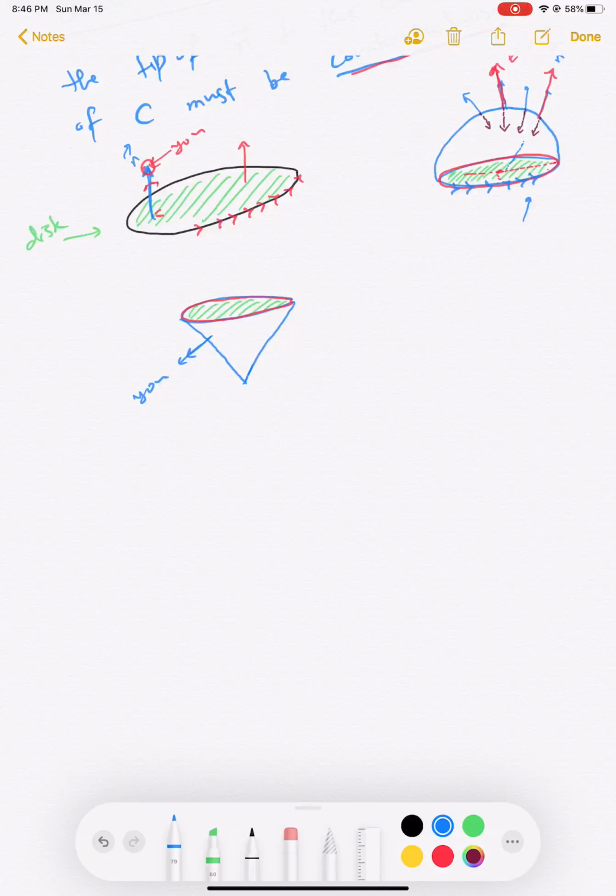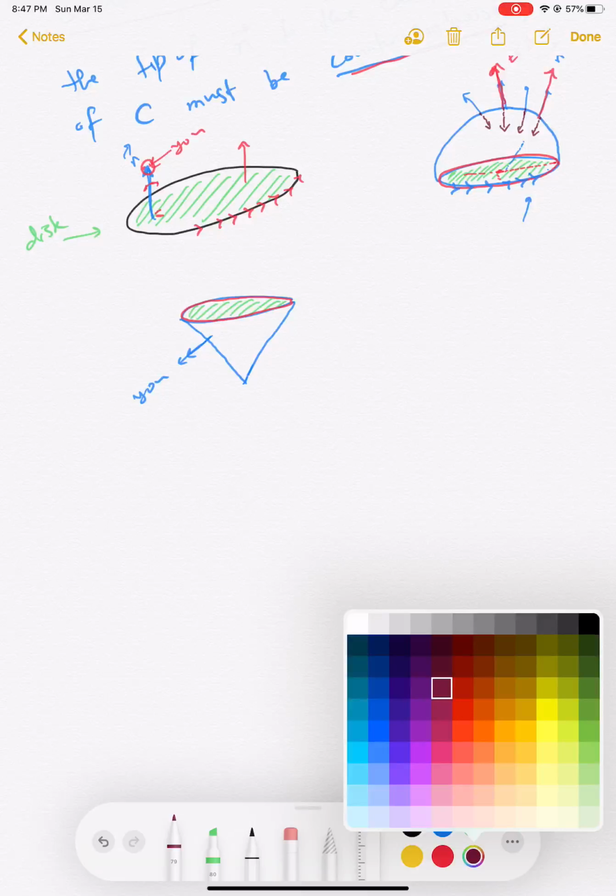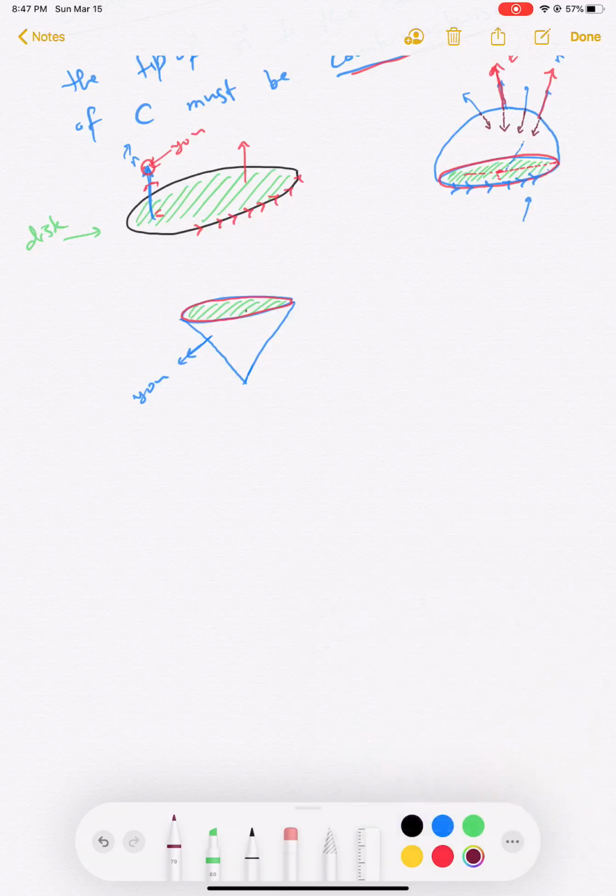And you look at the curve C, the red curve C, and imagine that's your watch, okay? How is the orientation of that watch? So if you agree, in this case, this will be the counterclockwise orientation. Your watch will be running the other way.